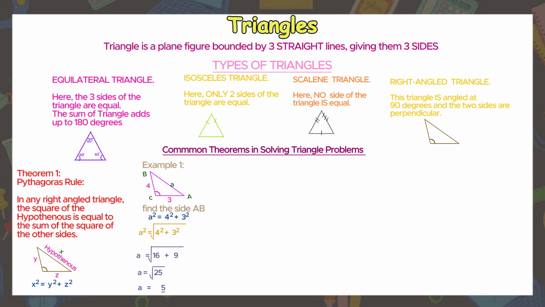Theorem 2. Theorem 2 states that the sum of angles in a triangle is equal to 180 degrees.